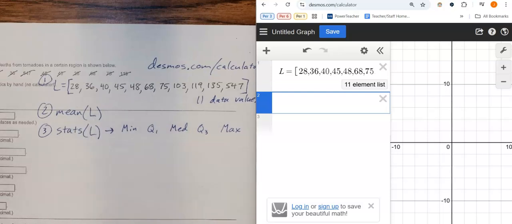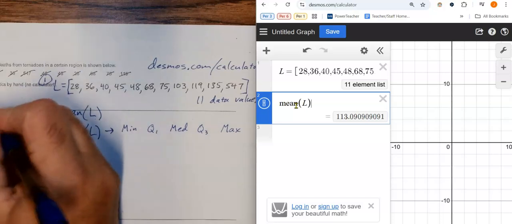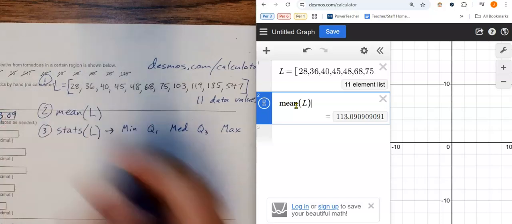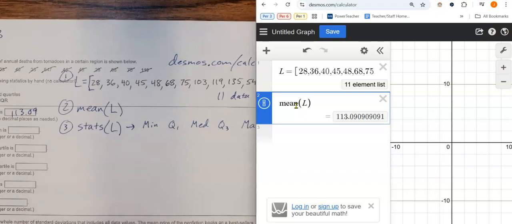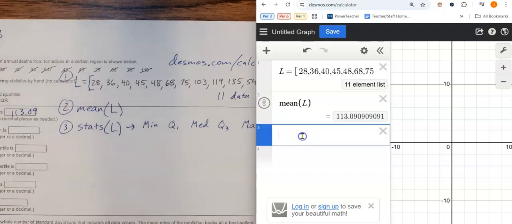We typed mean L to find the average, 113.09. And then to get our 5-number summary. Now, I have seen people doing this. And then they look at me and they say, Mr. Staley, it's not giving me the 5-number summary. What's wrong?